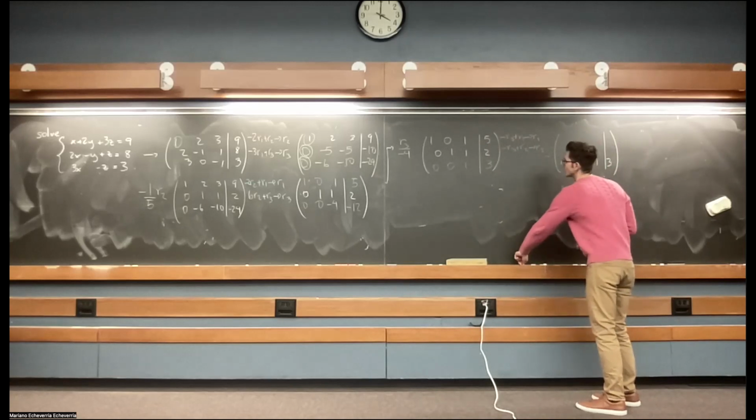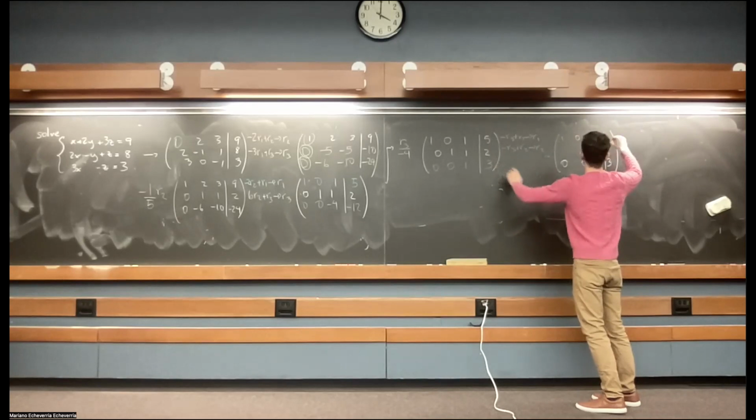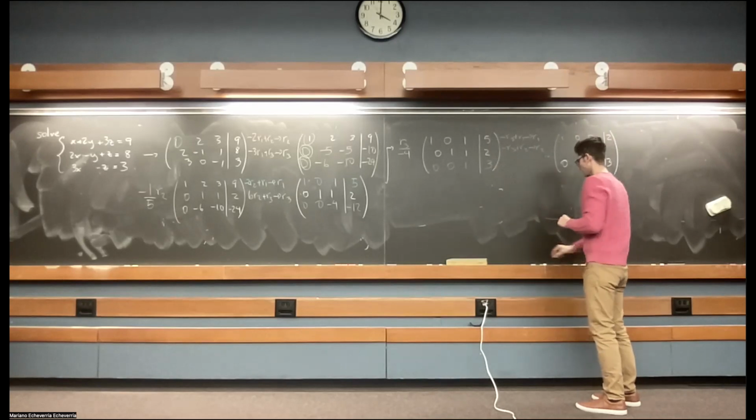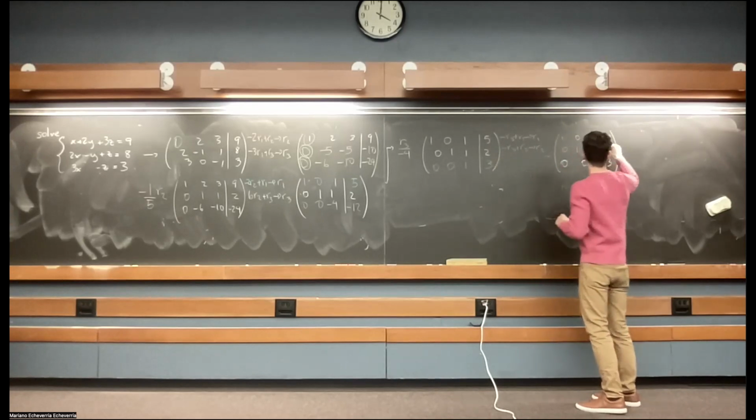And now this becomes 1, 0, 0, and then 5 minus 3, 2. And the other one is 0, 1, 0, and 2 minus 3 is -1.